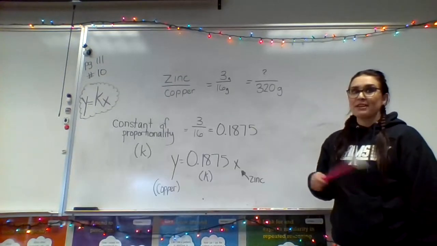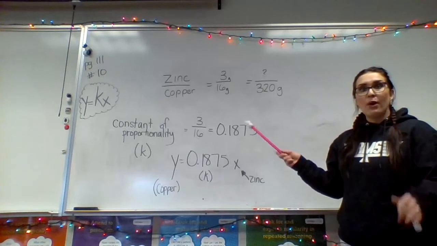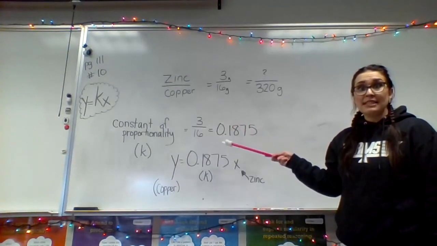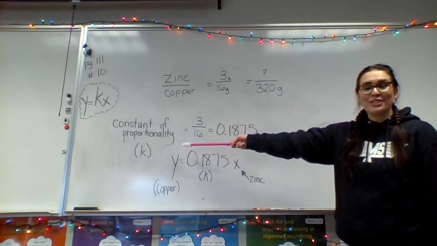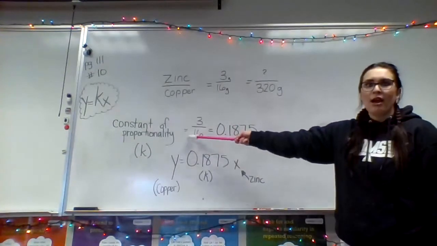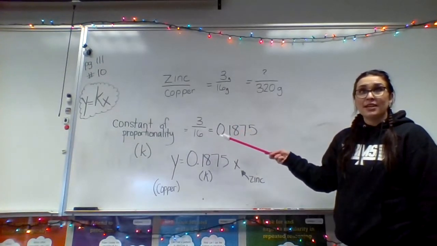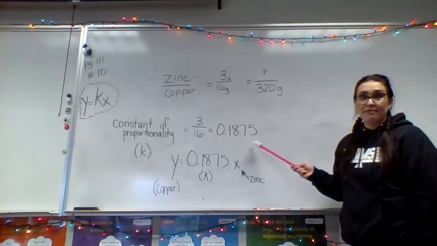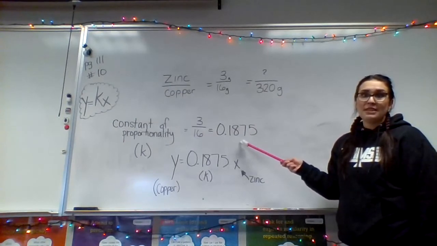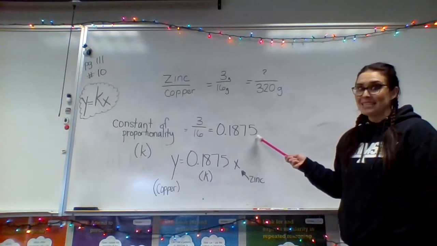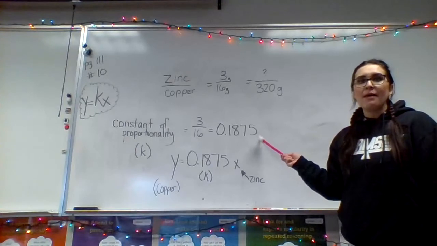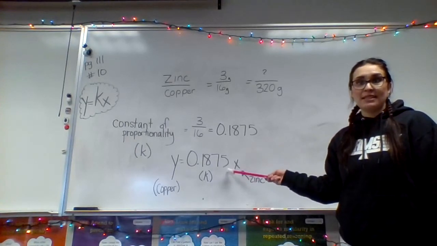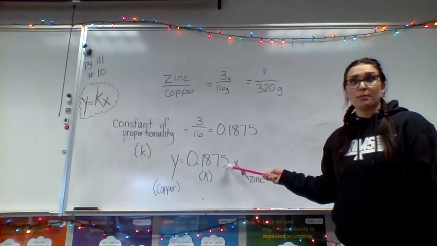So let's check this out. When I divided 3 over 16 to get that constant of proportionality, which is K, we got 0.1875, so 1,875 10,000ths. And that's that K, that piece that will be our pattern, our proportion.